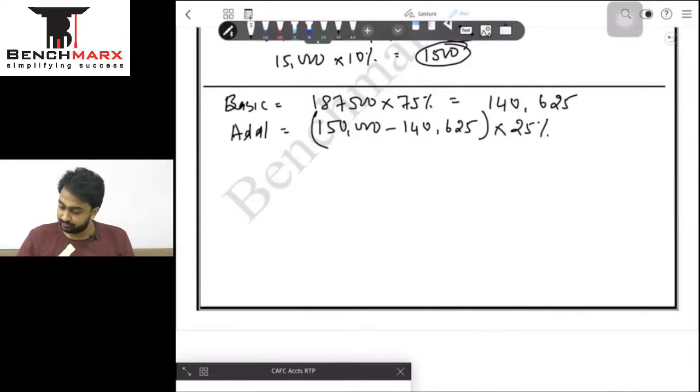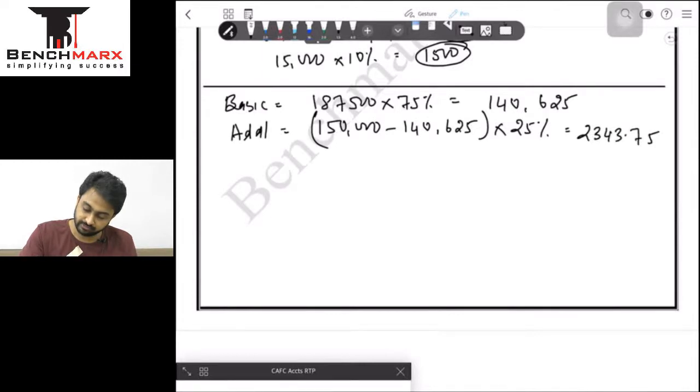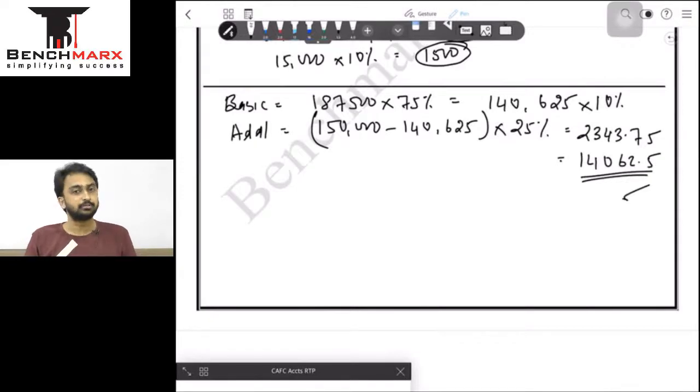So 150 minus 140,625 is 9,375, and into 25% appears to be 2,343.75. And 10% on 140 appears to be 14,062.5. After adding these two, we are going to get this total commission.